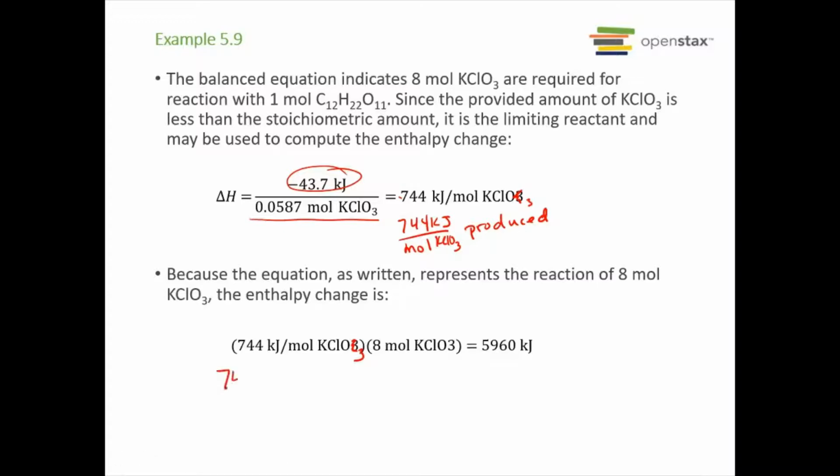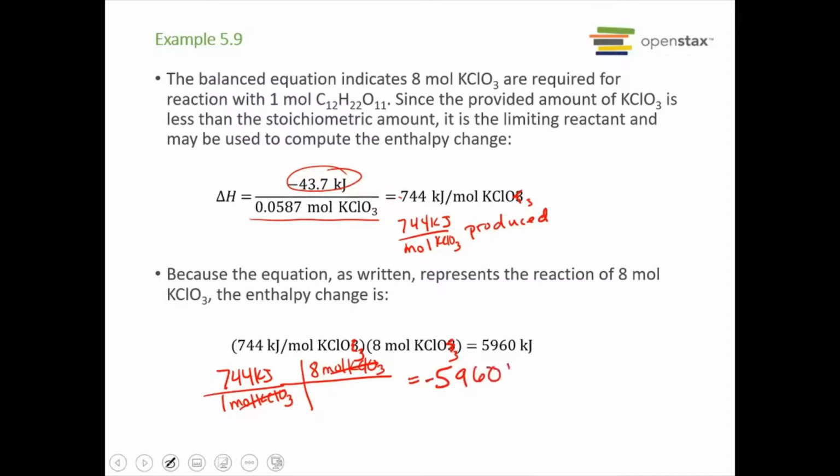So we have 744 kilojoules for every 1 mole of KClO3, and we have in total from our balanced reaction 8 moles of it. This now comes out to be negative 5,960 kilojoules, because it's produced, so it's negative kilojoules.